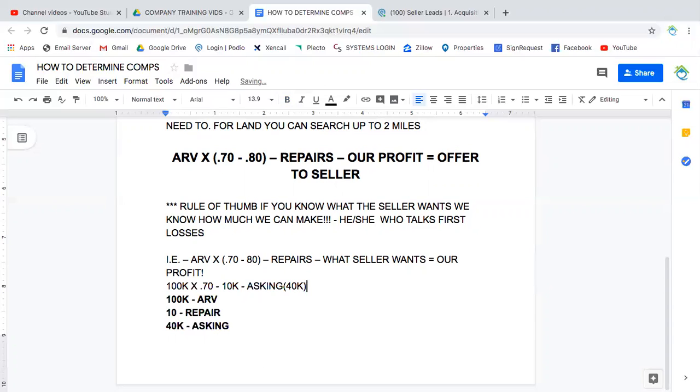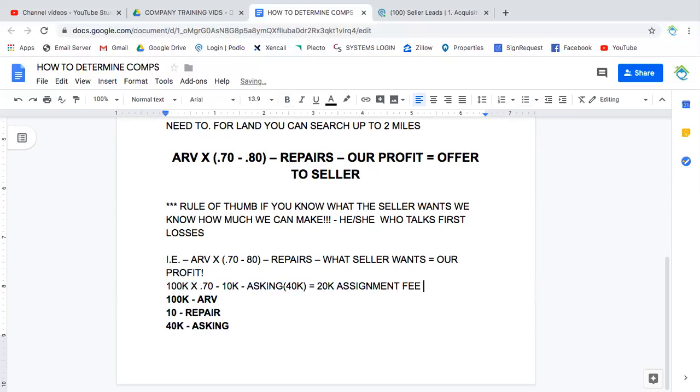And that leaves us with our profit. So if we're at ARV at 70%, which is 70,000, minus 10K, which is 60,000, and the seller wants 40, then we know we have the potential to receive a $20,000 assignment fee.